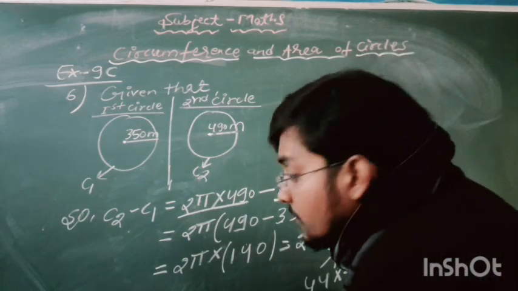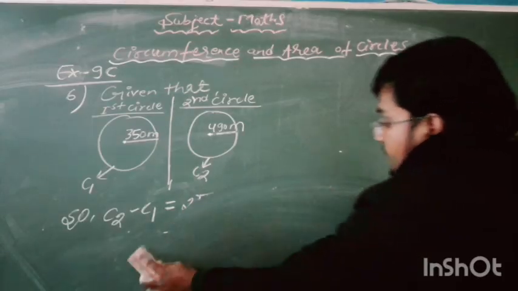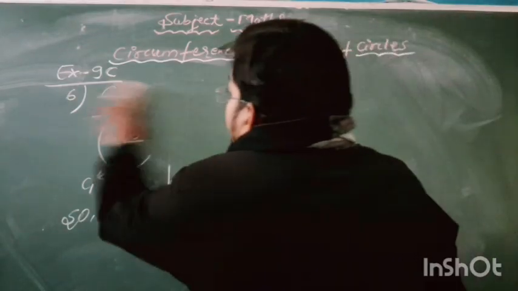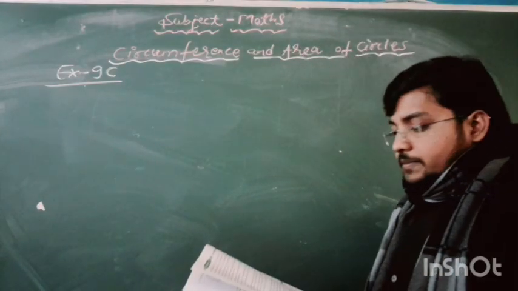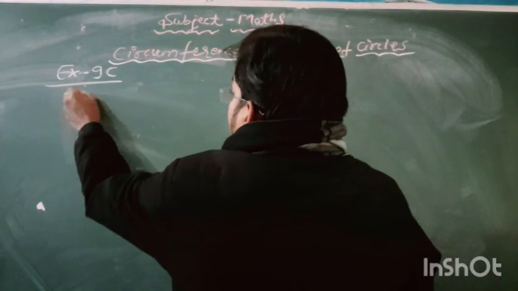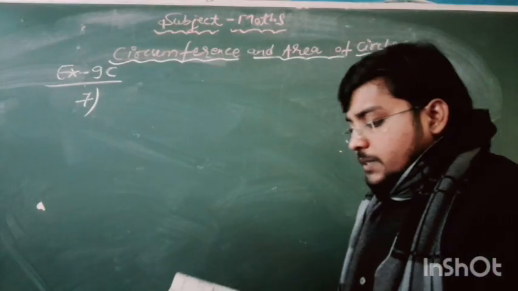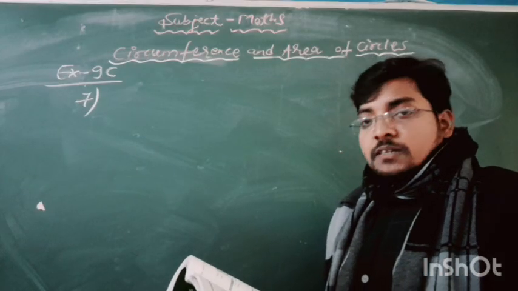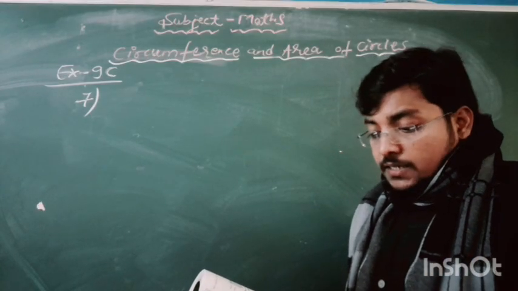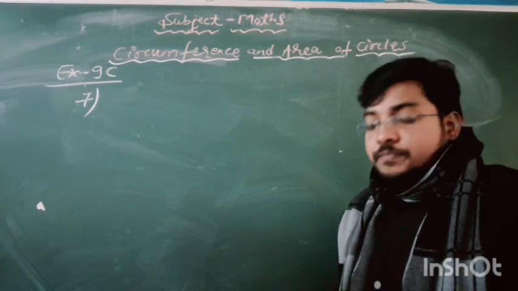Now we have another problem, which is question number 7 of exercise 9C. This question is saying, find the perimeter of a semicircular plate of radius 3.85 centimeter.